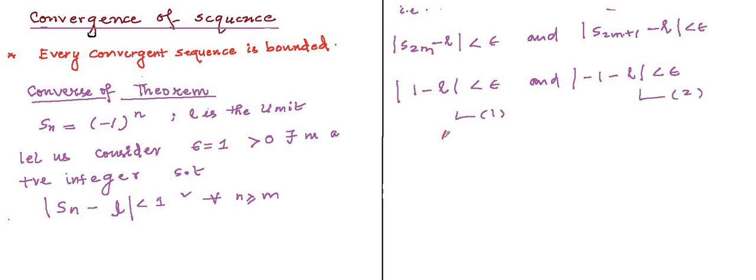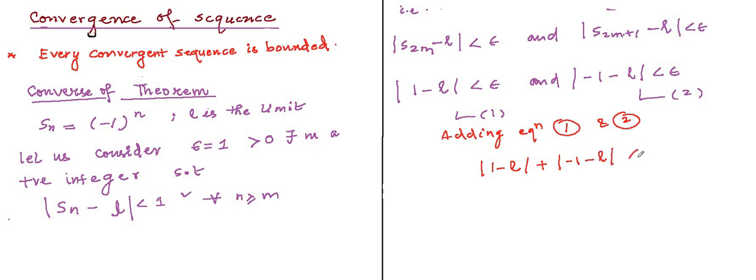Adding equations 1 and 2, we get mod of 1 minus L plus mod of minus 1 minus L is lesser than 2 epsilon.